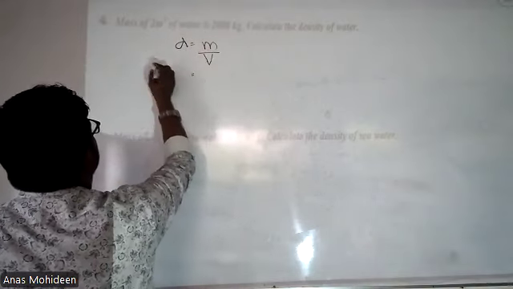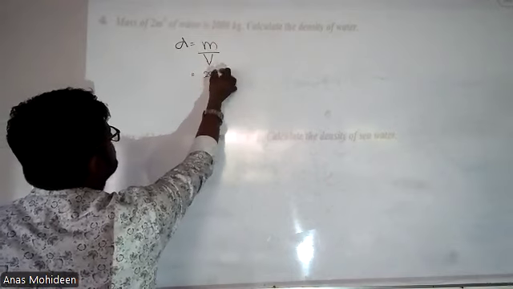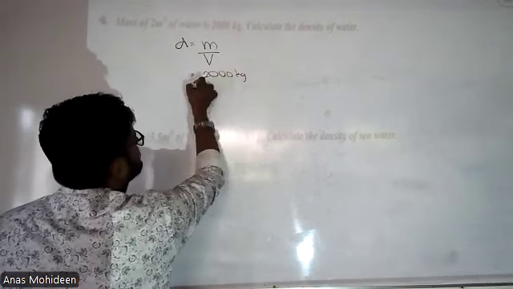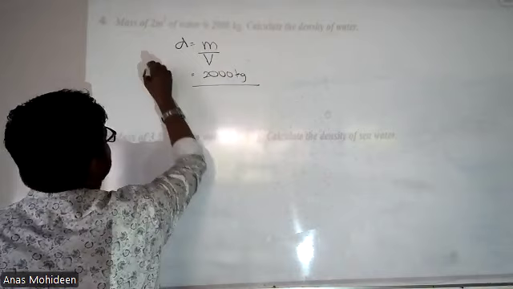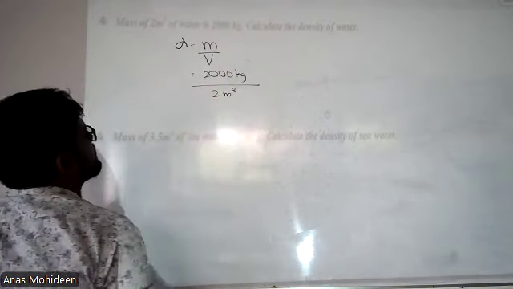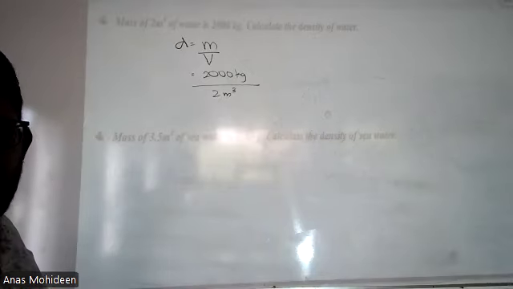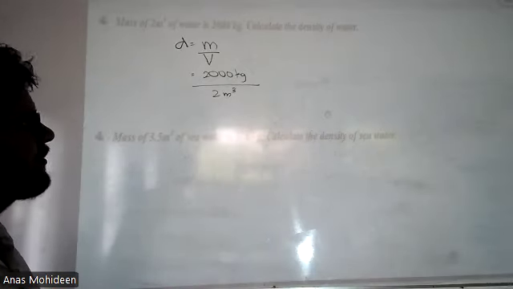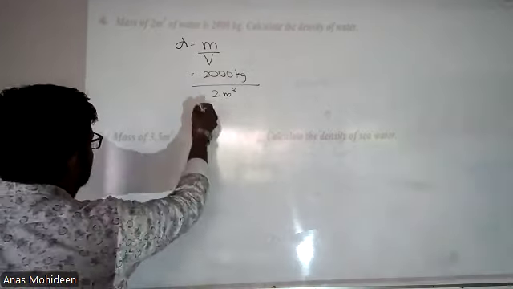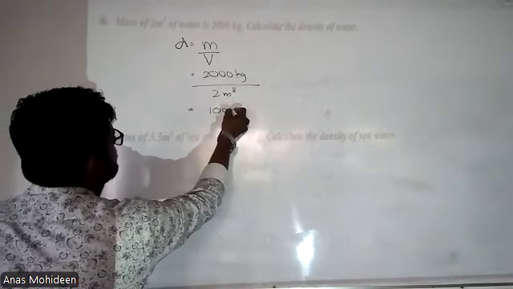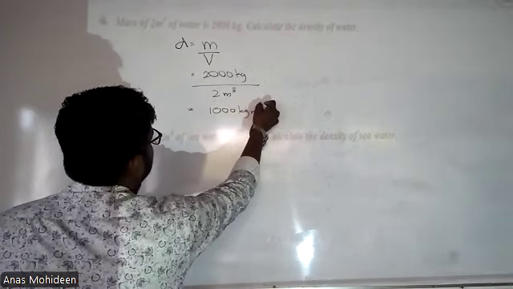How much is the mass? 2000 kilograms. Dividing by how much is the volume? 2 cubic meters. So density is equal to mass over volume, 2000 kilograms divided by 2 cubic meters. How much is it? 1000 kilograms per cubic meter.